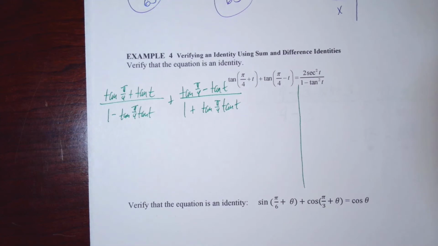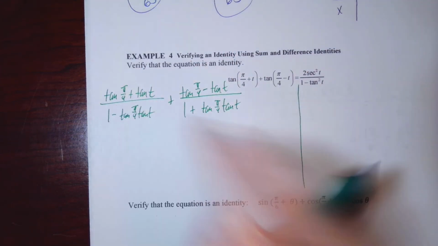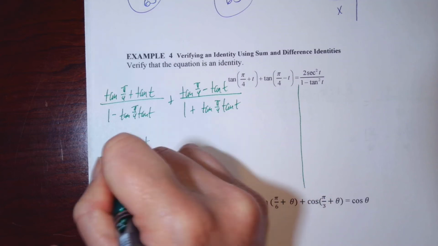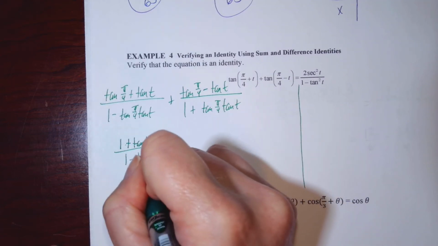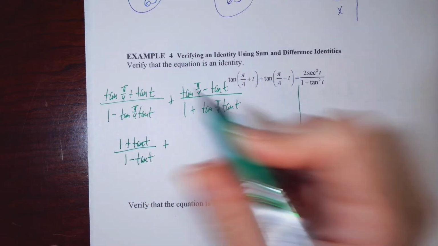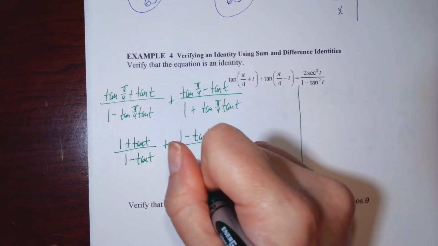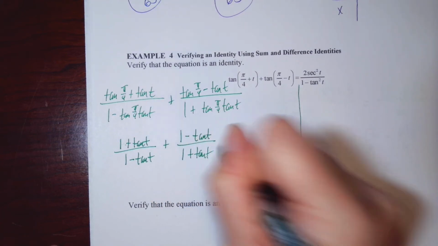Okay, so what's the tangent of pi fourth? Well, tangent at pi fourth is just 1. So I have 1 plus tangent t over 1 minus tangent t plus 1 minus tangent t over 1 plus tangent t.